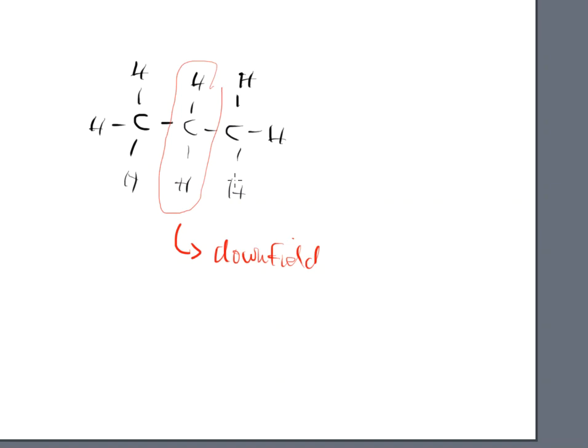All right, so that is the problem every time people learn NMR. And the reason is because we're not looking at bulkiness. We're not looking at how large the groups are on either side of those protons or the carbon that the protons are attached to. That's not really what any of this is about.